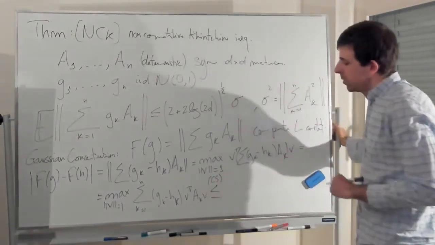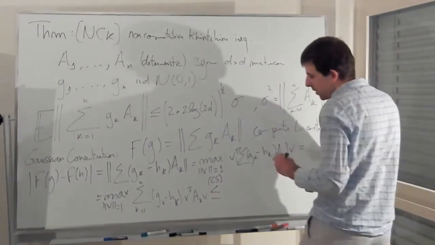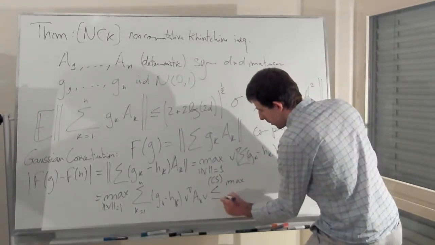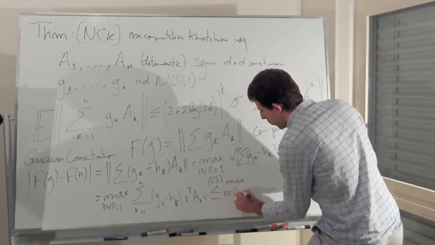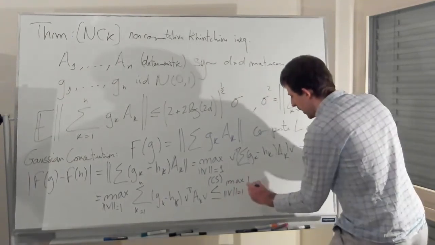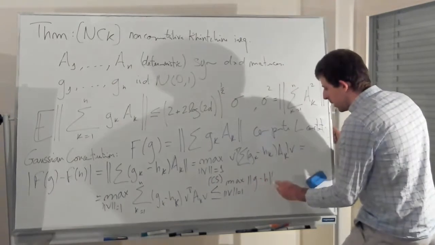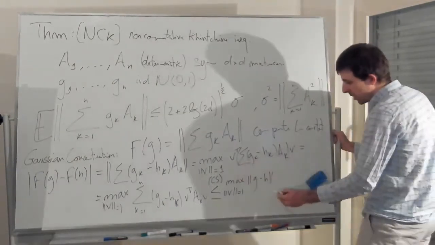So Cauchy-Schwarz, what does it give us? It gives us that the max over v with norm 1 of exactly the norm of g minus h, and then we get the norm of these. Let's maybe keep track of it.